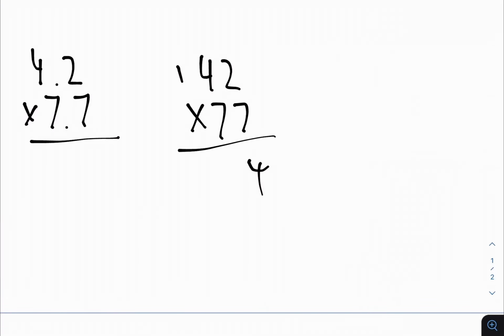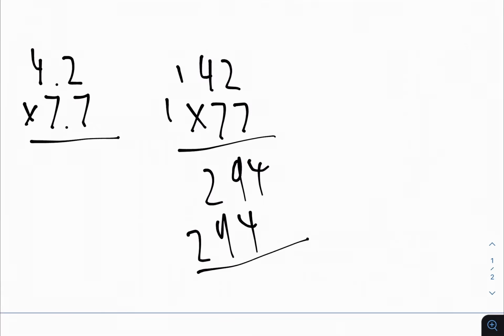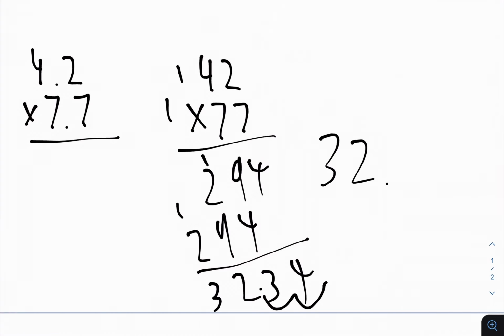When we get 3,234. And then since there is one decimal point after 4.2 and one decimal place after in 7.7, there's 2 in total, so we move it back 2 places and get 32.34 as the answer.